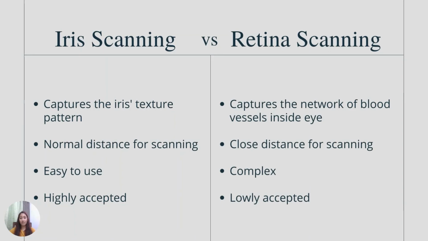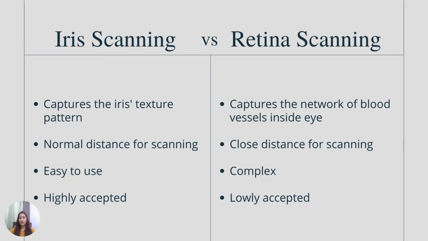Iris scanning is often confused with retinal scanning, so it is important to know the difference between the two. While the iris is the colored part of the eye which surrounds the pupil, the human retina is the thinnest tissue in the body and is made up of nerve cells located at the back of the eye. Due to the complex arrangement of the capillaries that feed the retina with blood, each person's retina is unique.